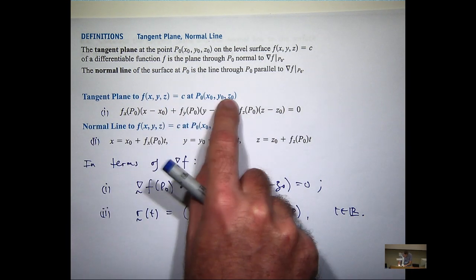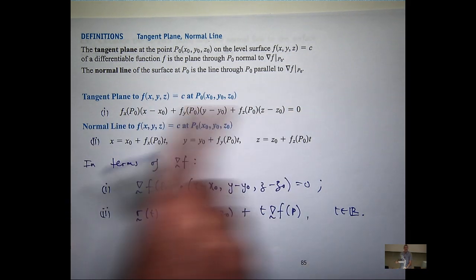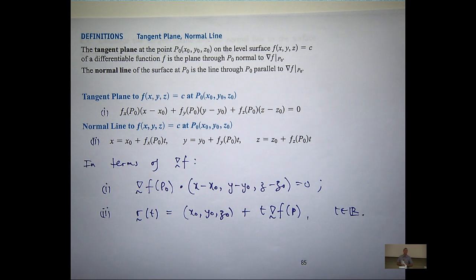We can calculate the tangent plane to that surface at this point by looking at this equation. But let's boil that down. Remember, for the equation of a tangent plane, think back to first year algebra. What do you need for the equation of a plane? Well, you can do it a few ways. If you have a normal vector and a vector in the plane, then that's all you really need.